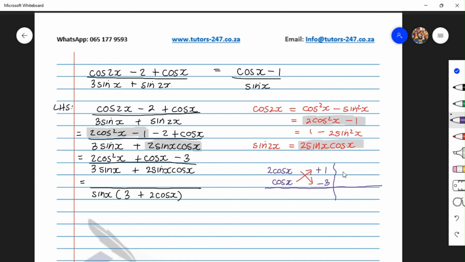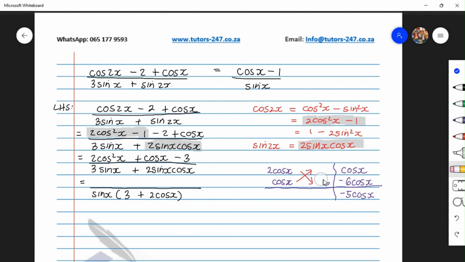So cos x times +1 gives us positive cos x. 2 cos x times -3 gives us -6 cos x. When we add this up, we end up with negative 5 cos x, which is not what we want. Now, let us try to swap the signs and the values.